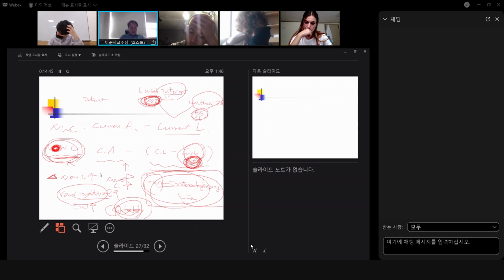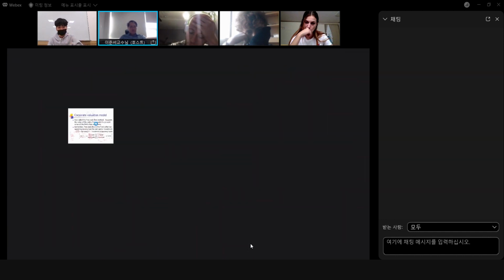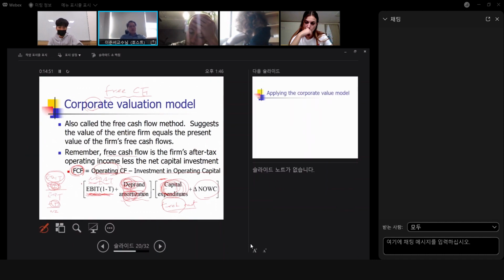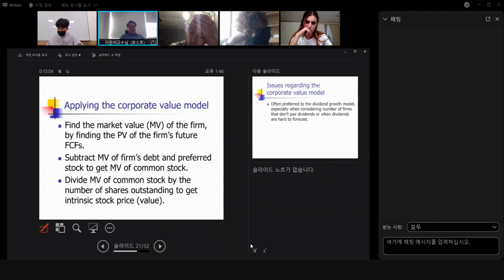A little bit difficult to understand, right? So this is the equation to calculate the free cash flow, just like that. I will explain this one with an example in more detail later on. So this is the frame.